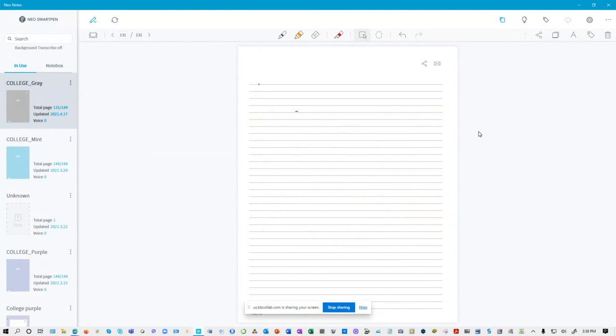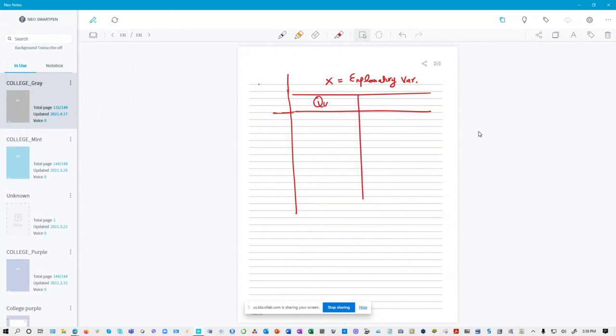Mainly we have two types of variables. One goes to the x-axis, which is called the explanatory variable, explanatory var. Under that one, it may be either quantitative or categorical.